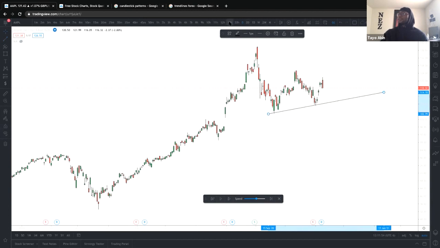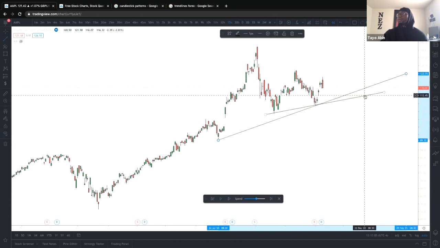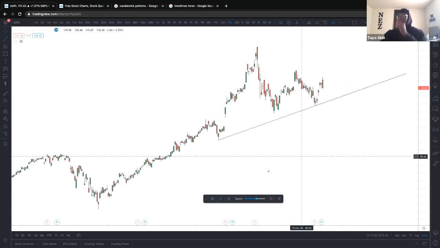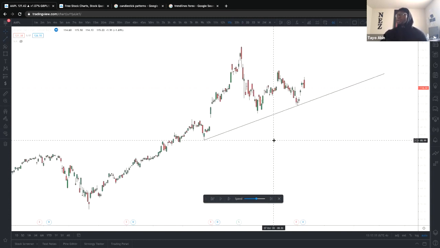We'll go to the 15-hour real quick. So I'm going to adjust it this way. How do I know to choose this one and this one? I don't. It just looks more appealing to me.